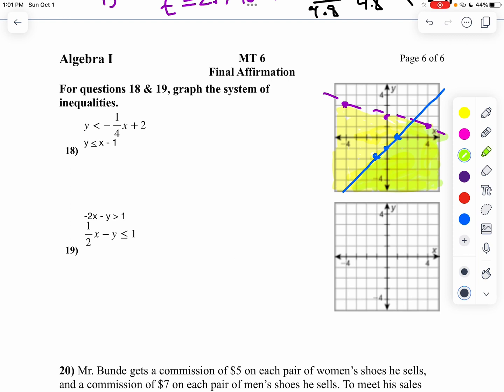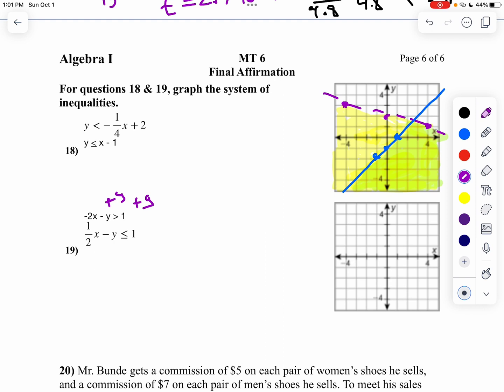Now, on number 19, I think you would maybe want to get y by itself there. So let's add y to both sides, because I'll have to keep the y positive.